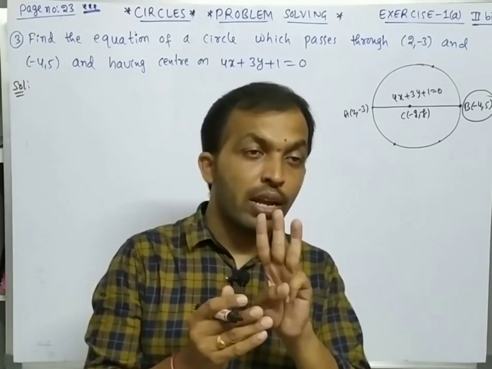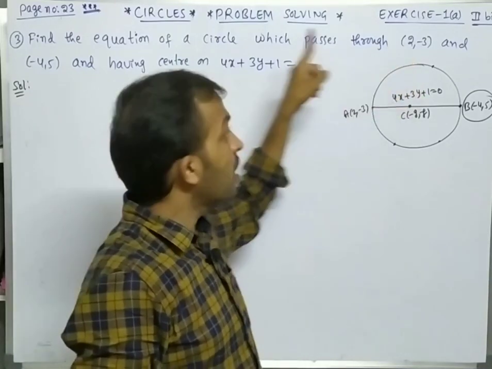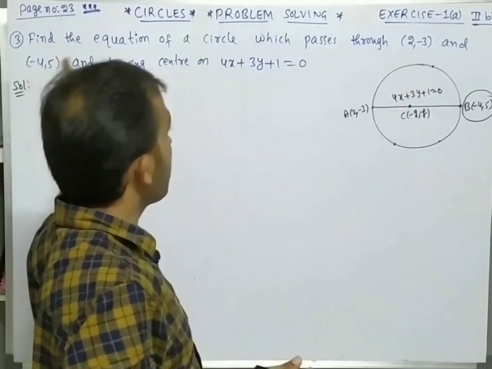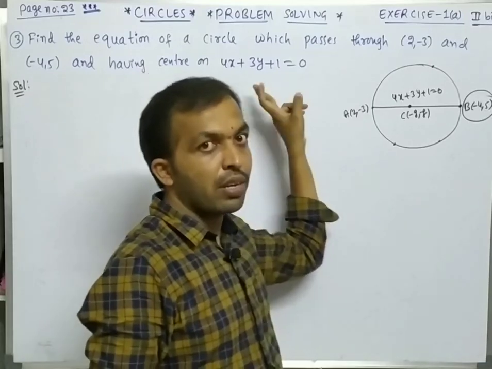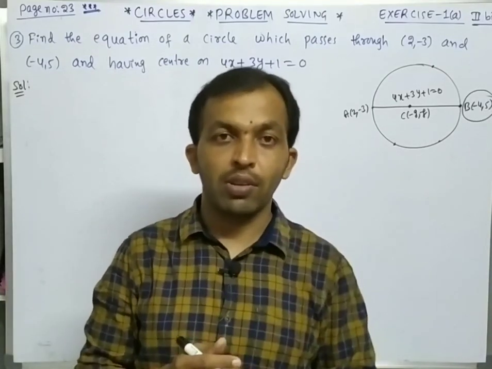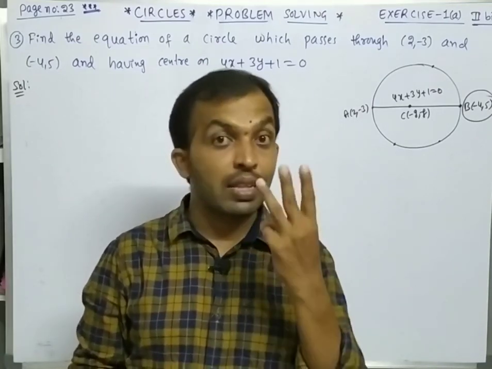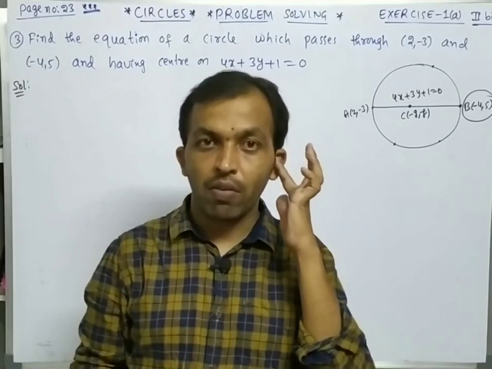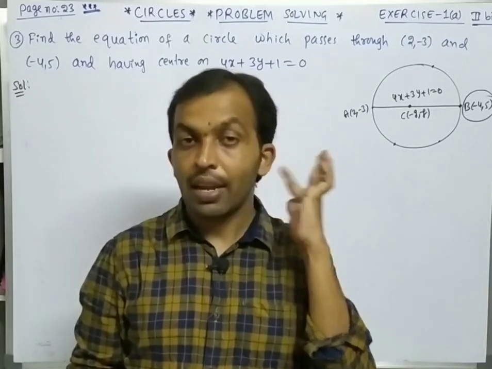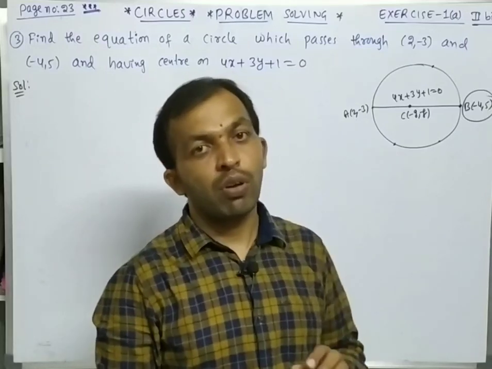One condition is the first point, second condition is the second point, third condition is the center lies on this line. So by using these three conditions we will get three equations. After solving those three equations we will get the equation of the circle, right? This is the way of solving this problem.